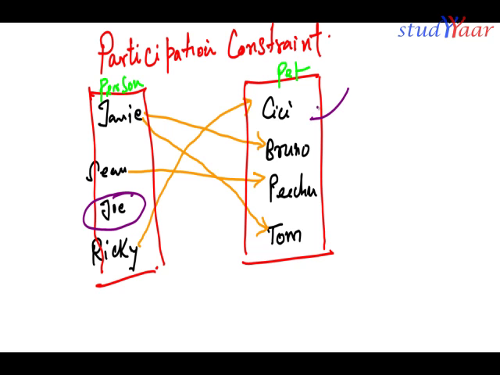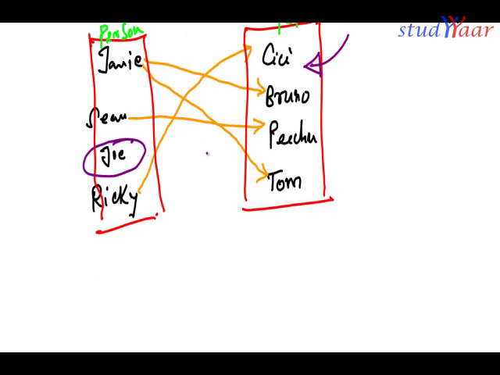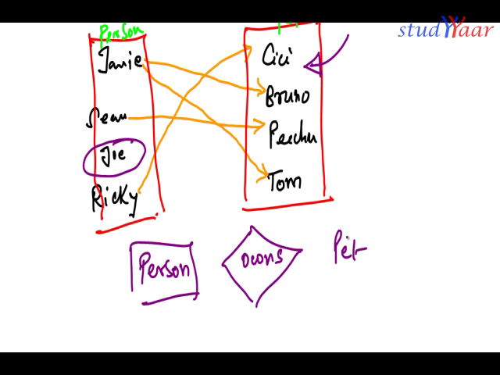However, there is no pet in this set which is not being owned by someone. So, I say that person owns pet. In this relationship, the person entity set's participation is partial, which means not all persons own a pet.